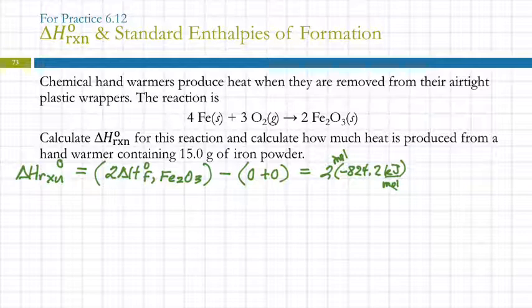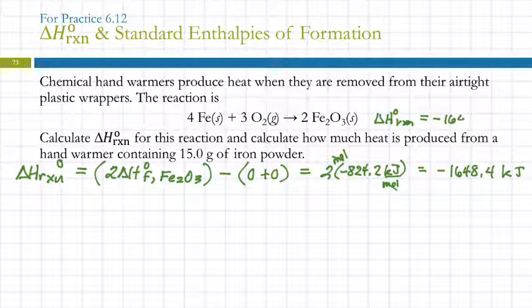Minus 824.2 times 2 is minus 1648.4 kilojoules. So, standard heat of reaction for this, minus 1648.4 kilojoules. So that's the first answer.